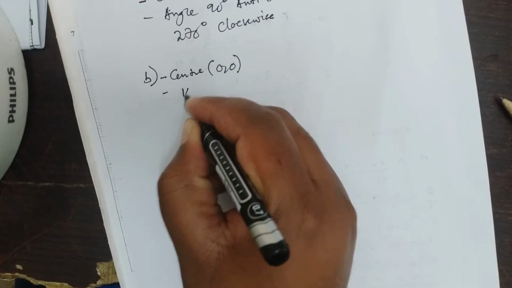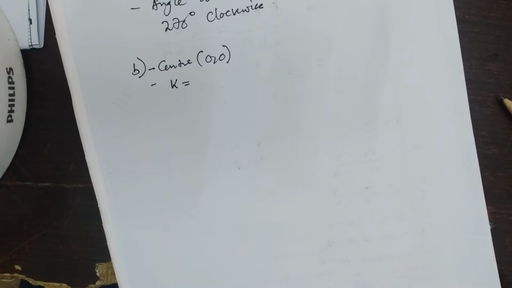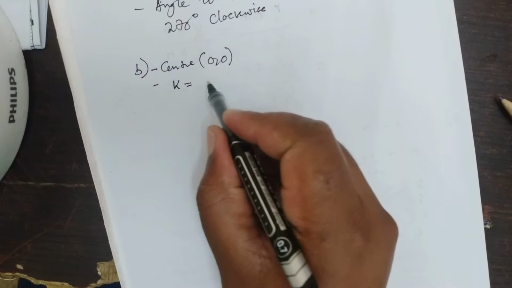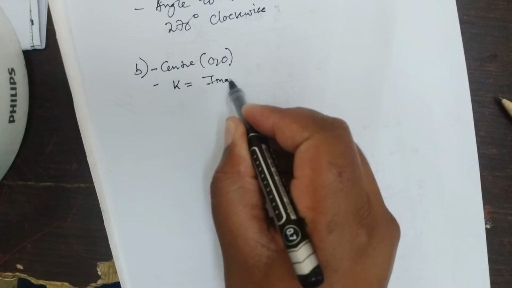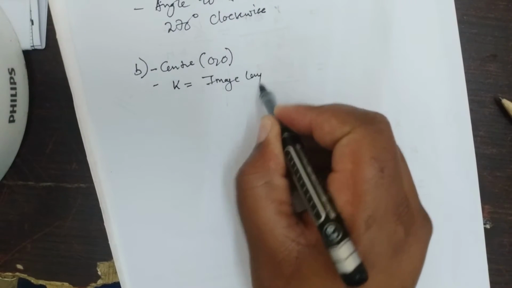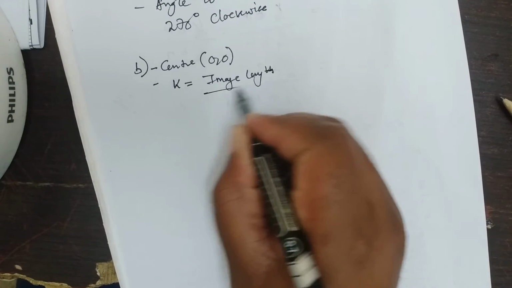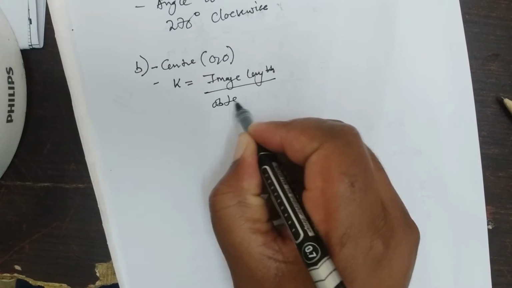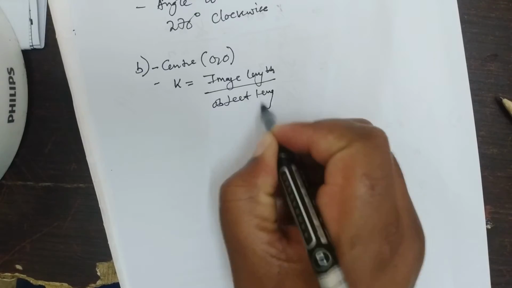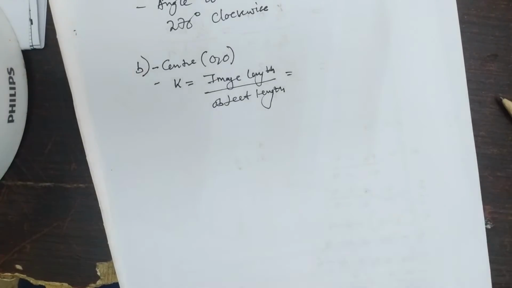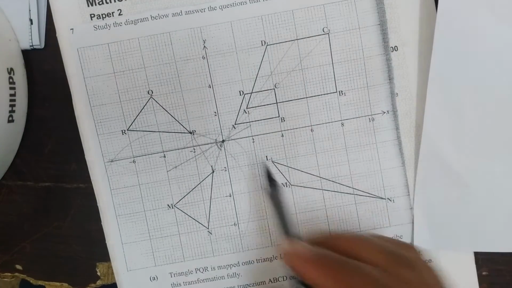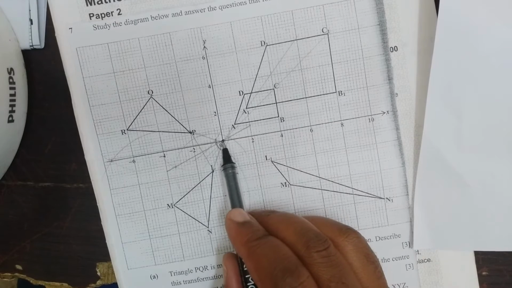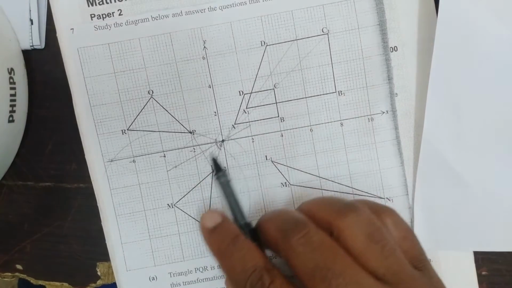Then they want a scale factor. How do you get the scale factor? We'll say image length over object length. Now take note, because the center is outside, it means the figures are on the same side.